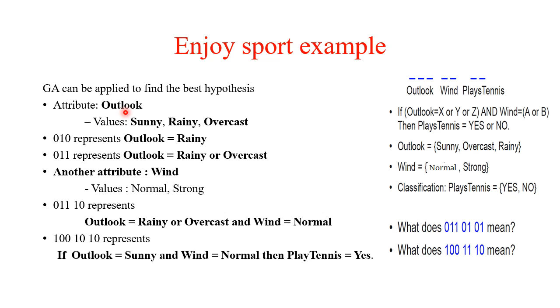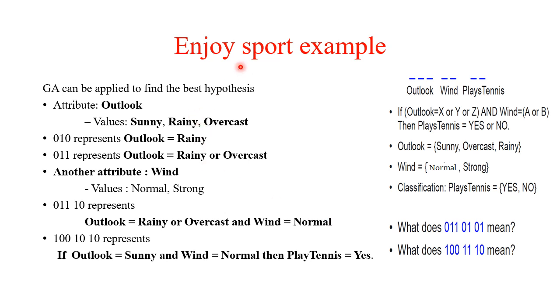Outlook can be represented as a string of 3 bits. For example, 010 represents outlook equal to rainy. 011 represents outlook equal to rainy or overcast. 01110 represents outlook equal to rainy or overcast and wind equal to normal.